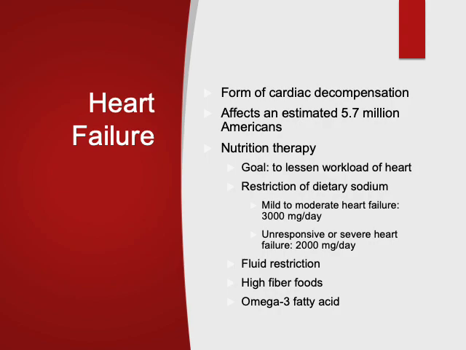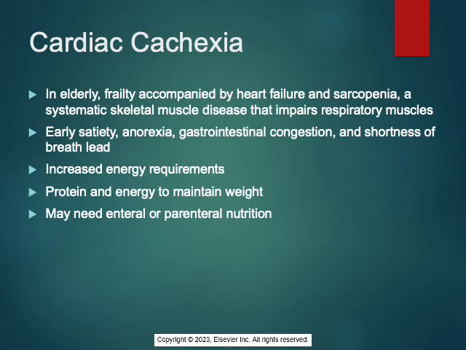With our older patients, frailty is often something that comes along with heart failure, as well as sarcopenia, which is a systemic skeletal muscle disease impairing the function of respiratory muscles, so making it even more difficult to breathe.